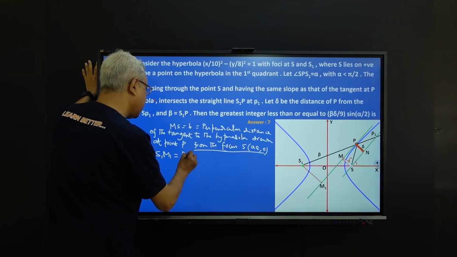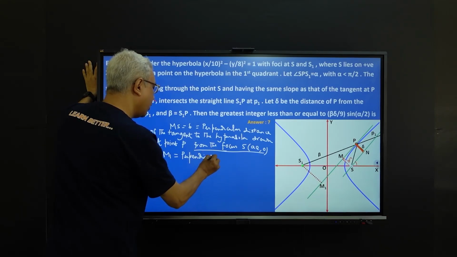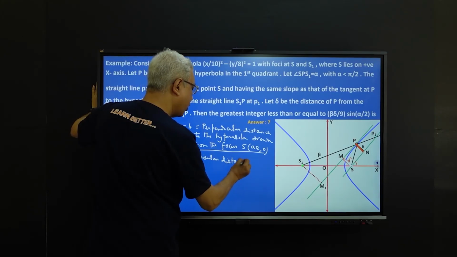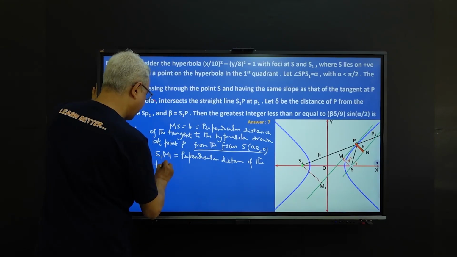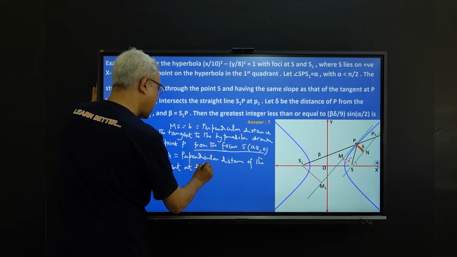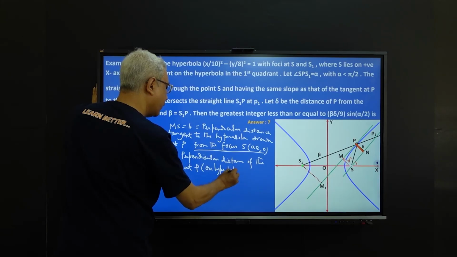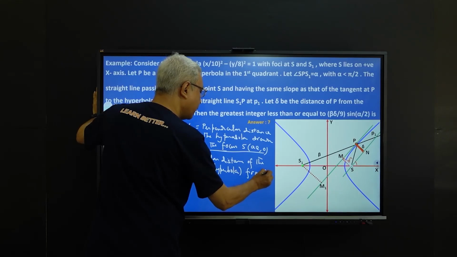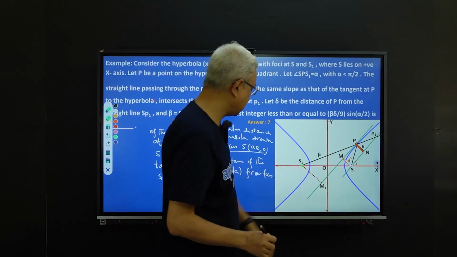the perpendicular distance of the tangent at P on the hyperbola from the focus S1.